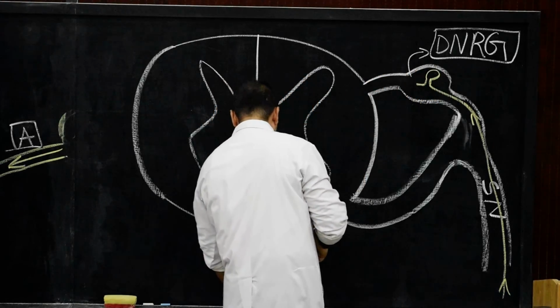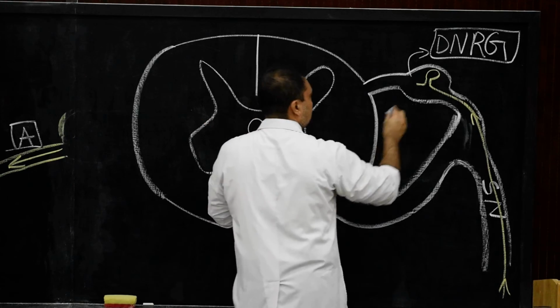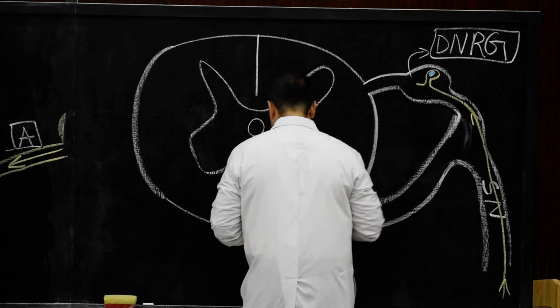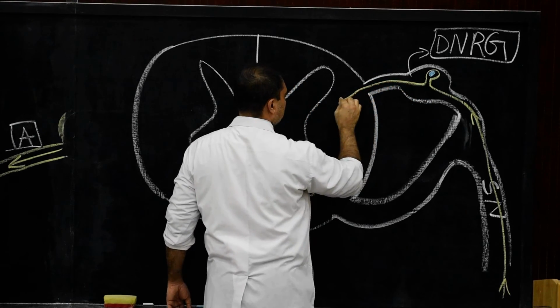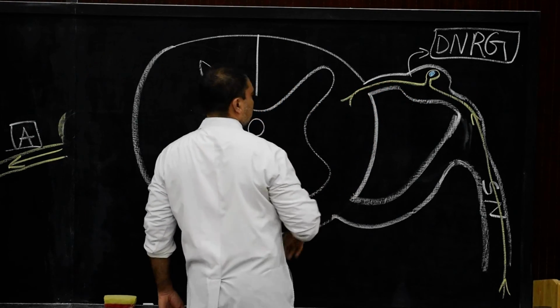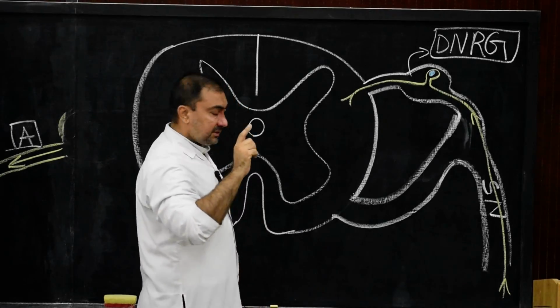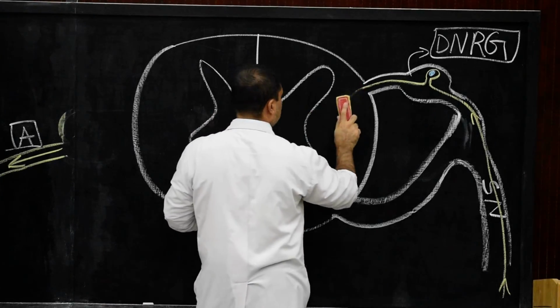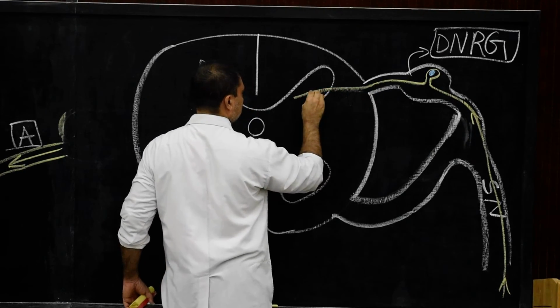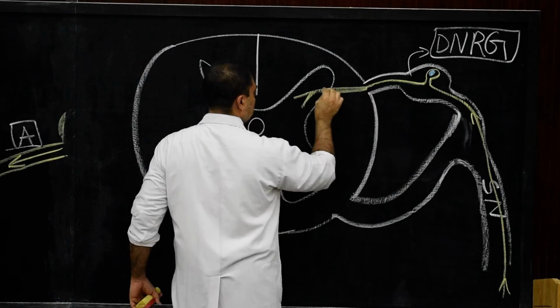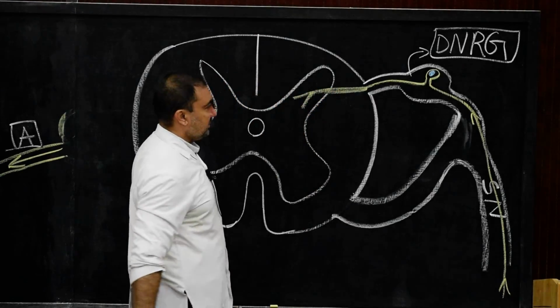Now this neuron will send a central process. Before that I will show the nucleus here. Then it sends a central process over here and it will end in the dorsal gray horn. So therefore this neuron will end in the dorsal gray horn. This is the dorsal gray horn.